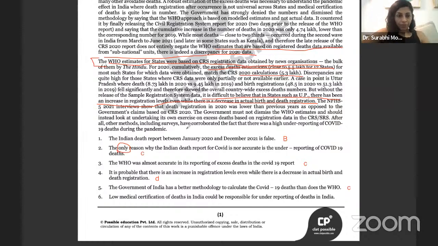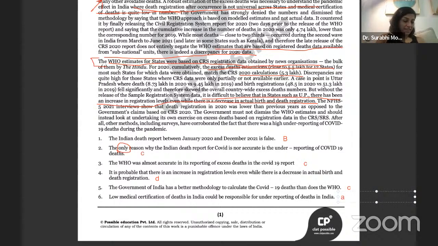And also somewhere on the top, in India, death registration after occurrence is not universal across states. Can you see it? And the certification of deaths is quite low in number. This is where it talks about registration of deaths. So this is completely true based on the passage, and hence the answer for this will be option A.